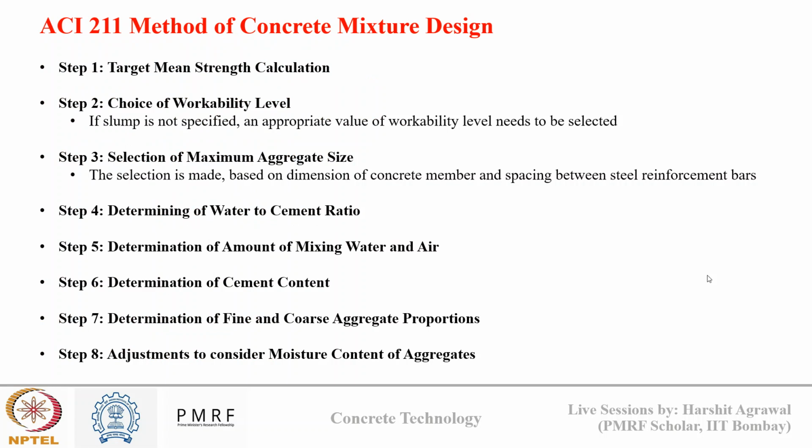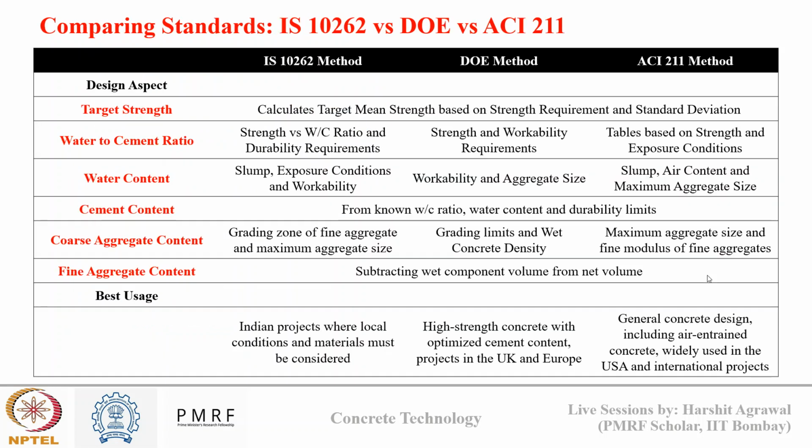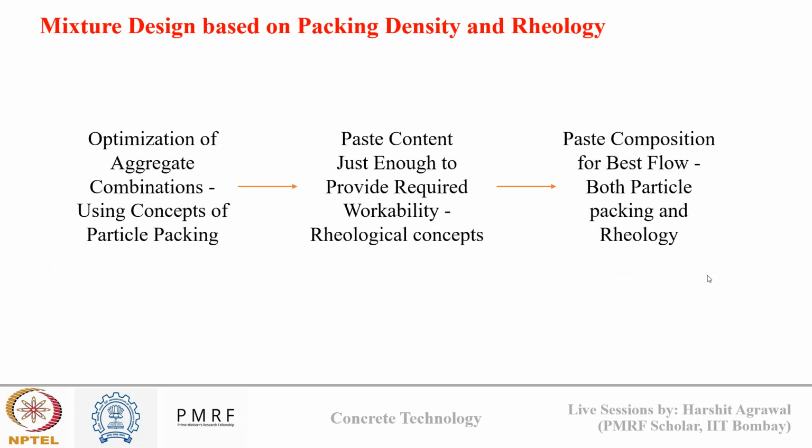We solved a numerical also to understand the application of this ACI method. Then we saw a comparison between IS, ACI, and DOE methods. We saw that the ACI method is more practical, the DOE method is more strength oriented, and the IS method lies between the two in terms of proportioning of components.